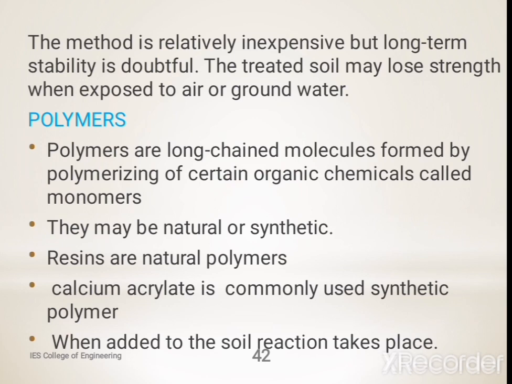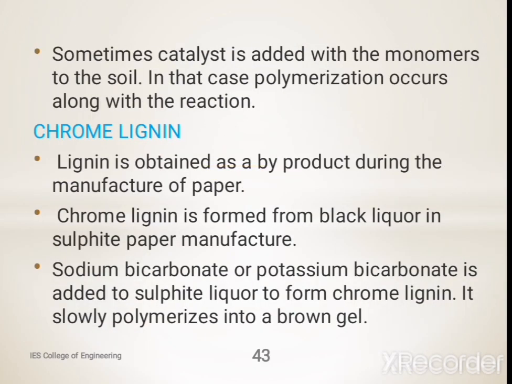They may be natural or synthetic. Resins are natural polymers. Calcium acrylate is a commonly used synthetic polymer. When added to soil, reaction takes place. Sometimes a catalyst is added with monomers to the soil. In that case, polymerization occurs along with the reaction.